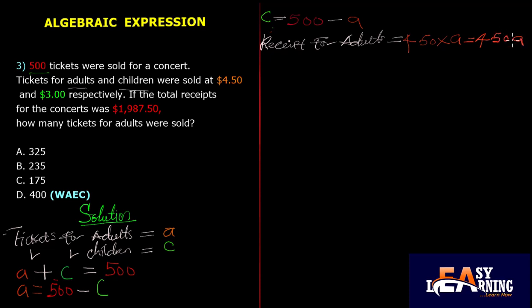That will give us the total receipt for adults, and also we need to establish the total receipt for the children.